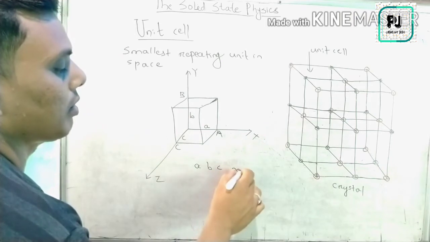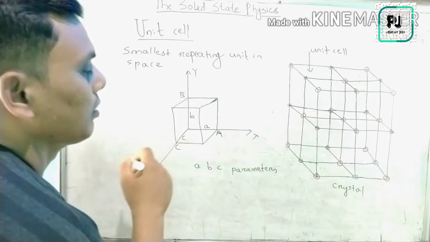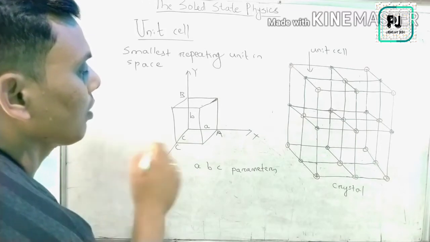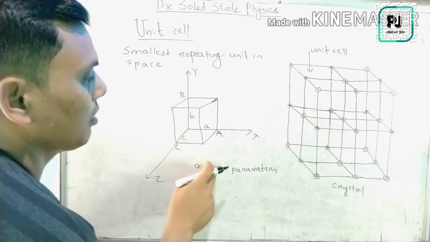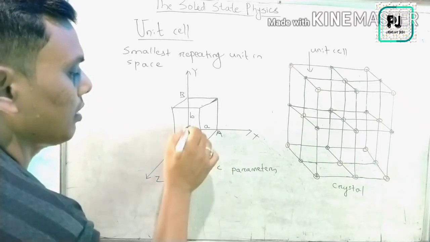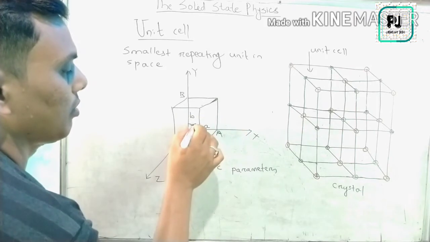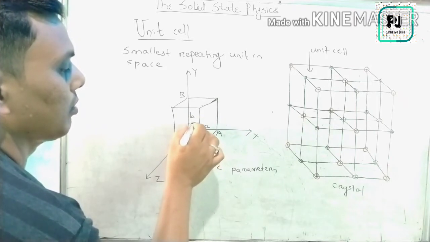These are called the parameters. In one unit cell, I have the different A, B, C parameters, and there are angles between them. The angle between the x and y axes is your angle gamma.